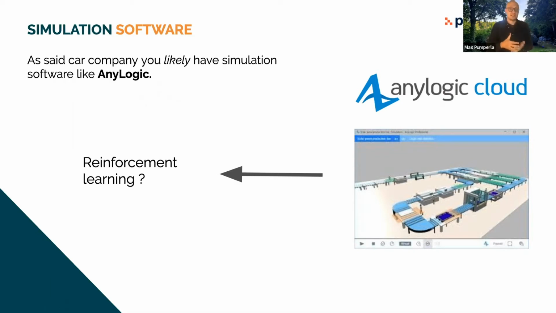Specifically, in this case, the problem was already modeled with a piece of software called AnyLogic, which also has a cloud version. This is just a random picture that is not related to the actual problem, but it could look like this.